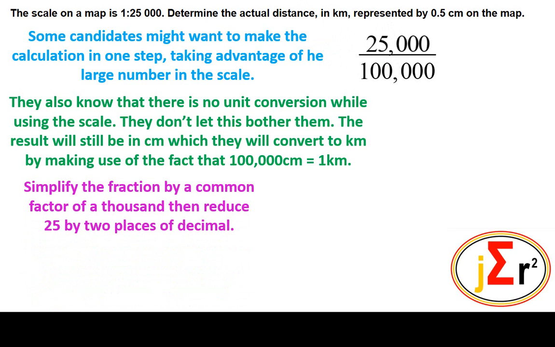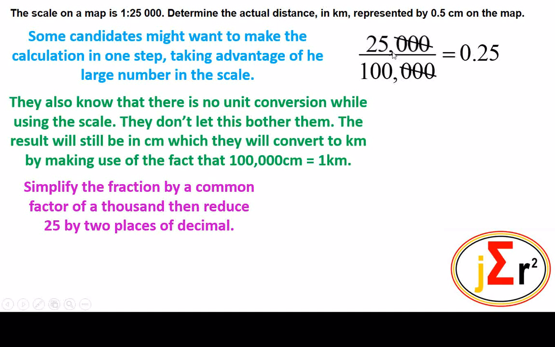Simplify the fraction by a common factor of 1,000, then reduce 25 by 2 places of decimal. So common factor of 1,000, simplification, and then we will reduce 25 by 2 places of decimal. So 25 over 100, and that gives us 0.25.